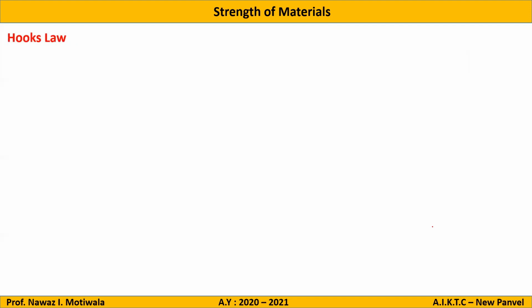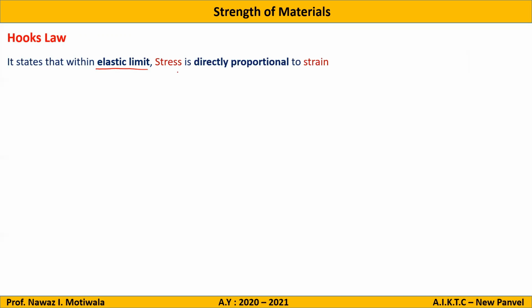Hooke's law. As we have seen in the previous slide, from O to A, the stress is directly proportional to strain. That is what Hooke's law states. It states that within elastic limit, again this word is important, within elastic limit, stress is directly proportional to the strain.